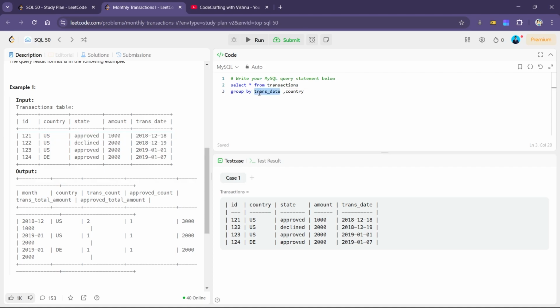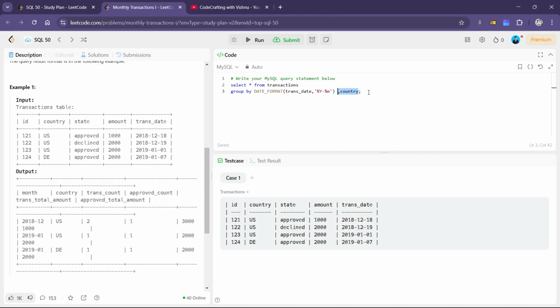So we have to use something to extract this year and month. There is a function in SQL, that is DATE_FORMAT. So we have to format this transaction date into a format like this. Now our result set will be divided by this year and month and then by country.